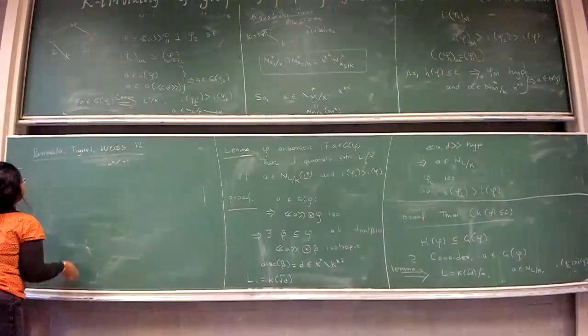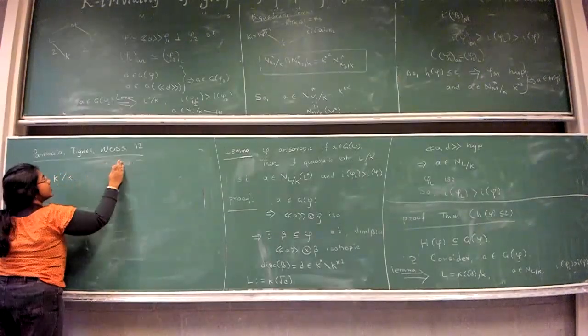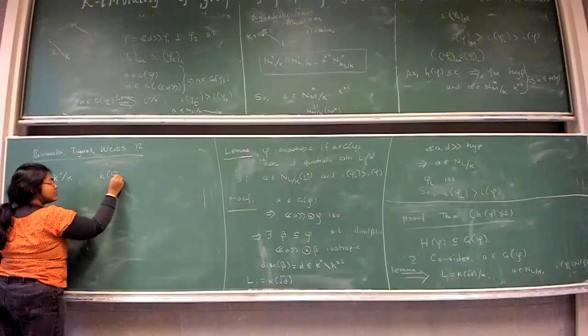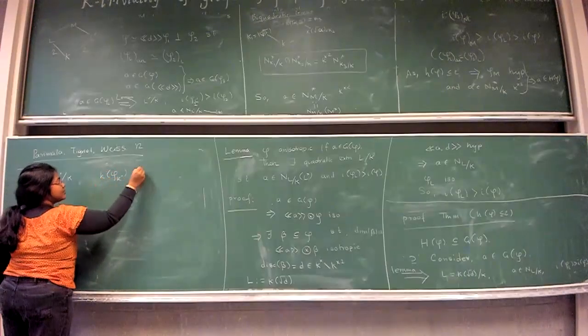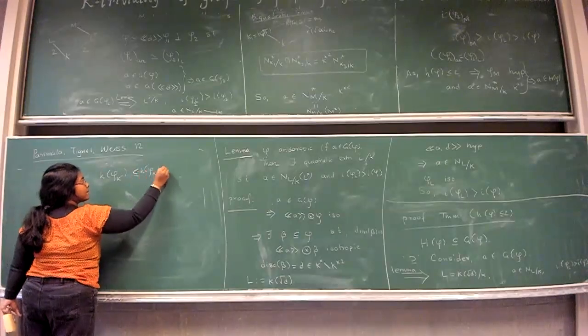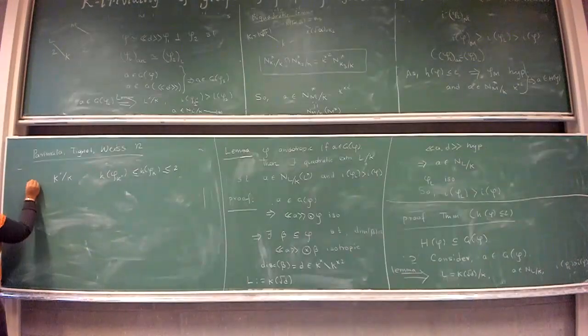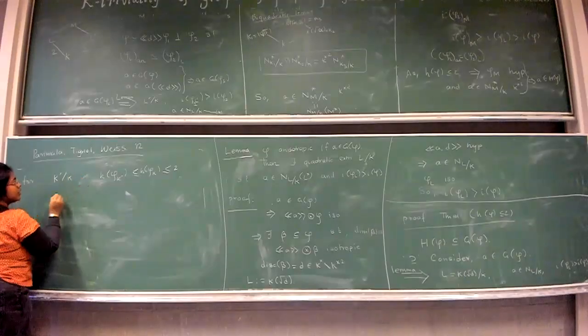For that, if you have any extension over K, the height of the form will be... So you will have this.